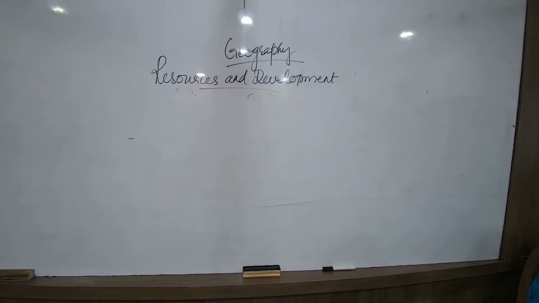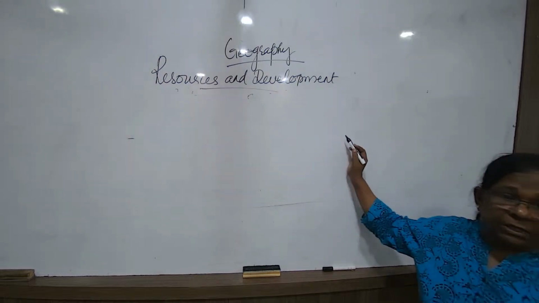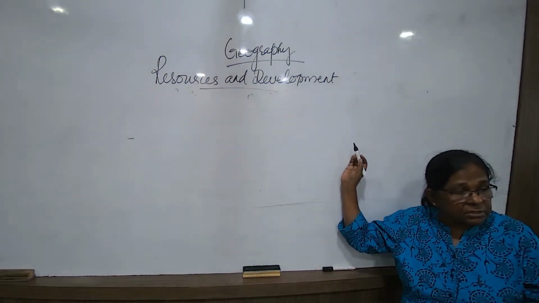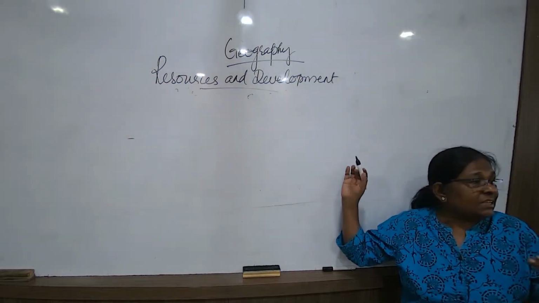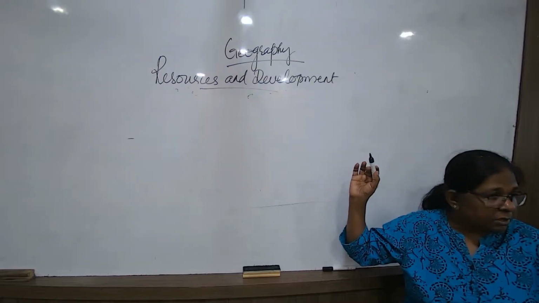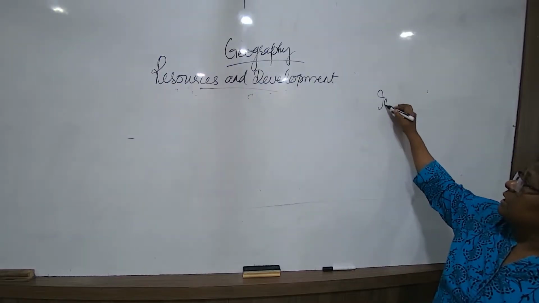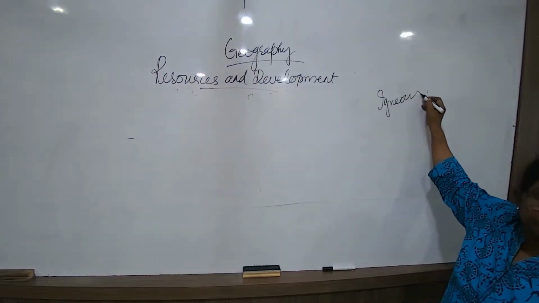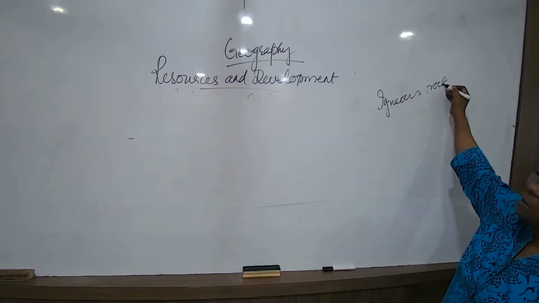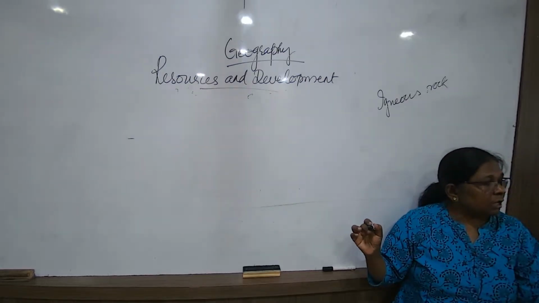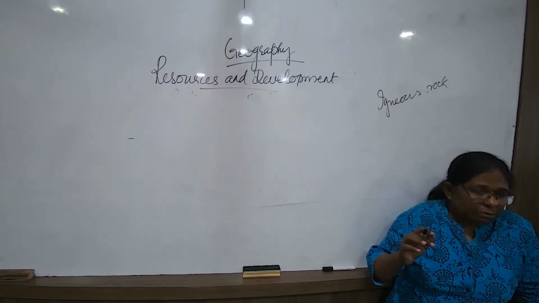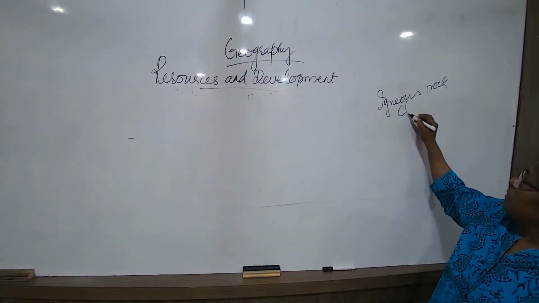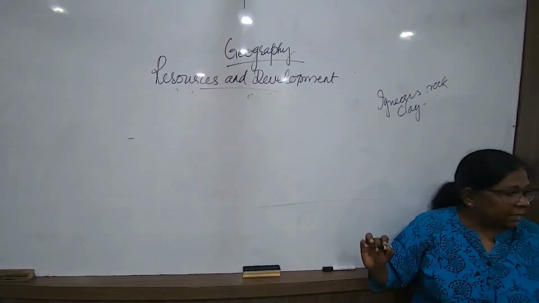Okay. So this soil we have already studied. Listen. This soil is formed as a result of the breaking of rocks. Which rock material? Igneous rock. Igneous rock is broken and the soil is formed. Now, what is the type of soil? It is clay.